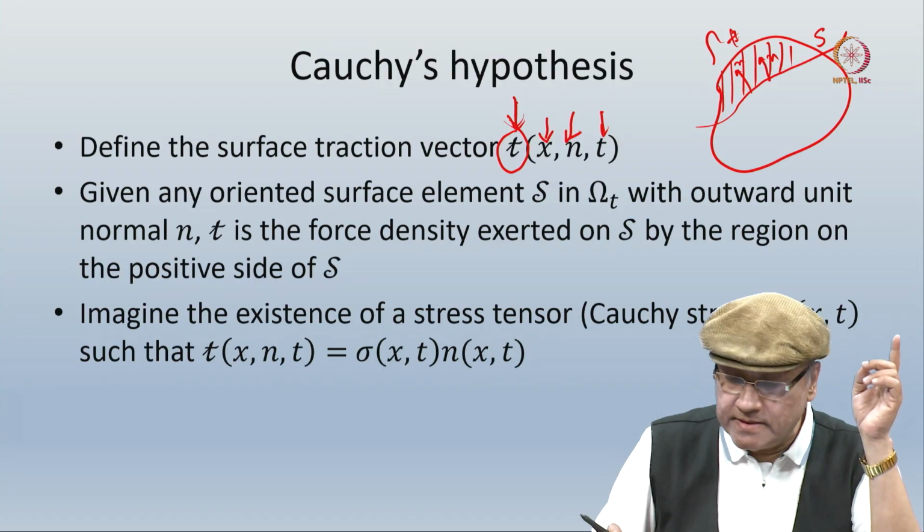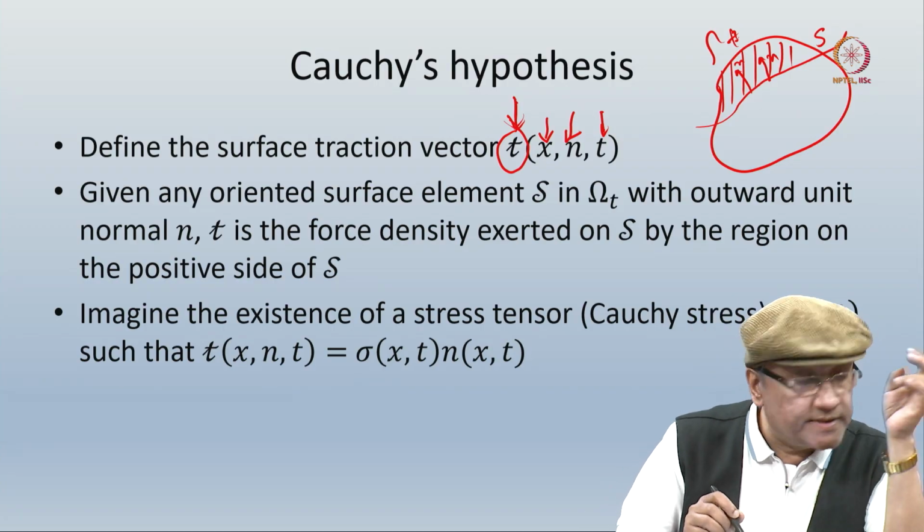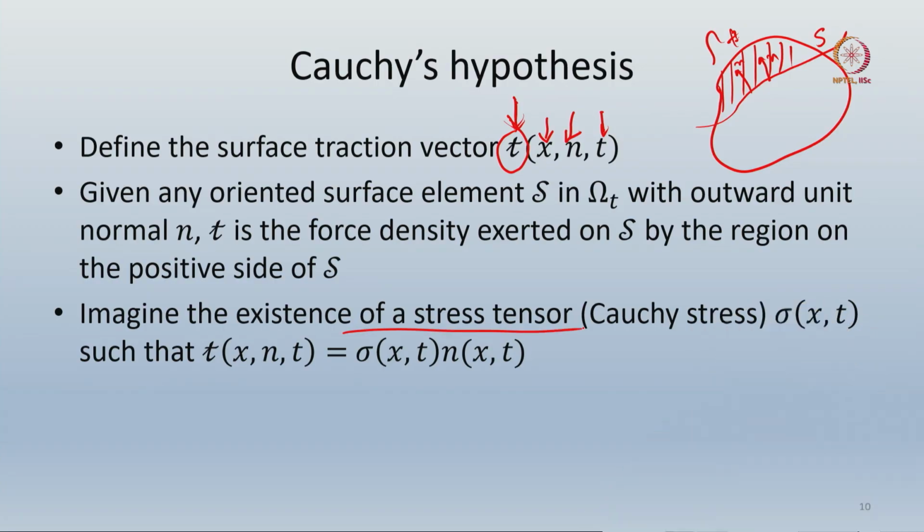This is where actually Cauchy's hypothesis comes in, okay. This surface traction is a surface vector density.